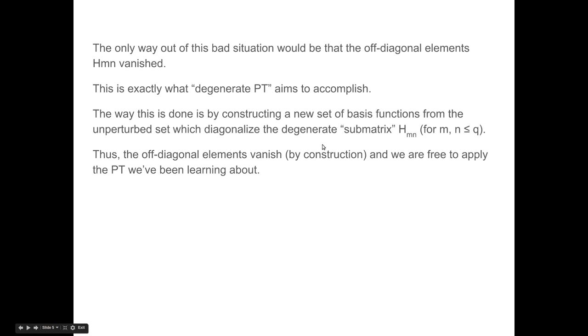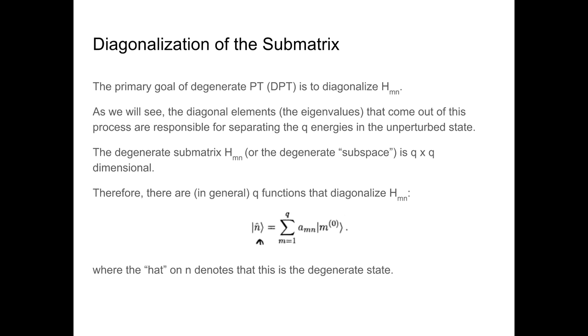And so once the off-diagonal elements vanish, and we'll do it by construction, we're free to apply the perturbation theory we've been learning about. All right, so let's talk about diagonalizing the submatrix. The primary goal, as I said, of degenerate perturbation theory is to diagonalize the submatrix of the perturbative Hamiltonian.